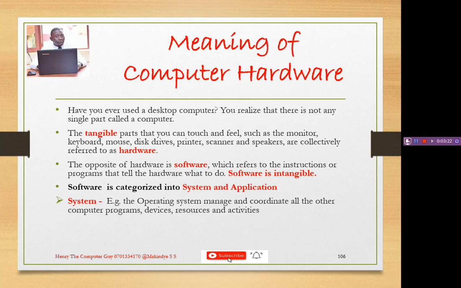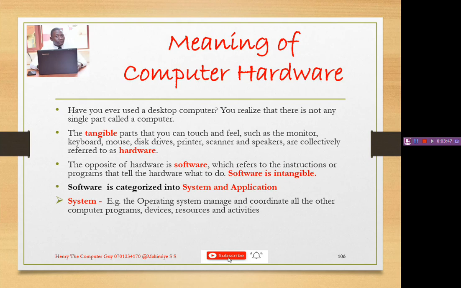For example, the operating system, e.g., Windows 7, Windows XP, Windows 10, Linux, Ubuntu. Those are some of the examples of operating system. It acts as a base for other softwares to be installed onto your computer.